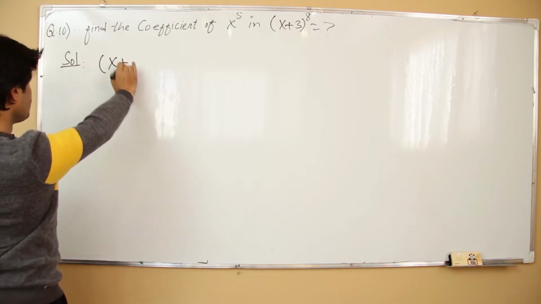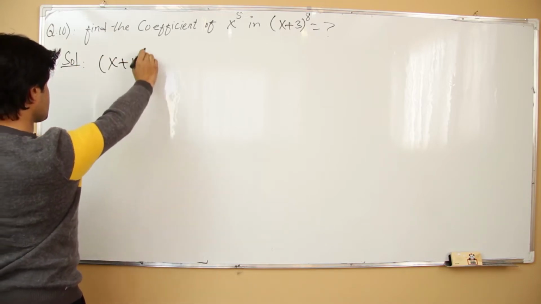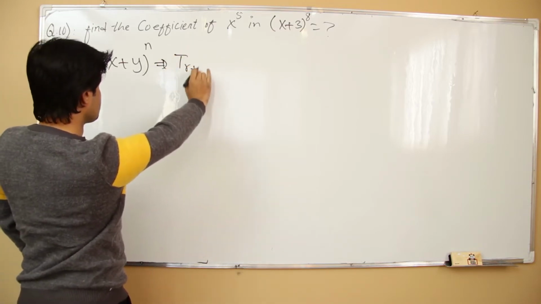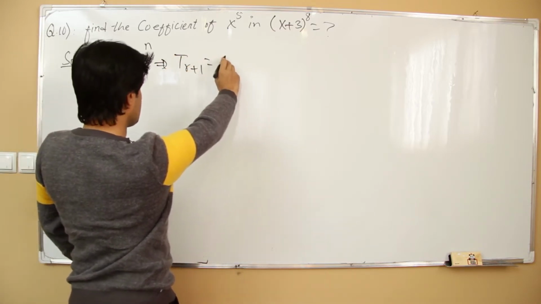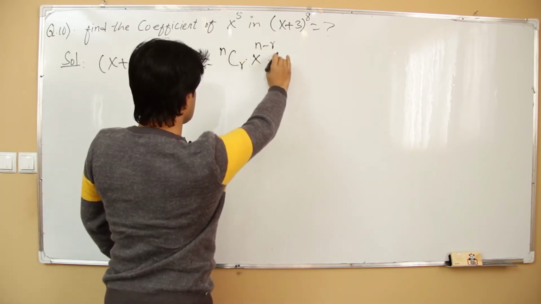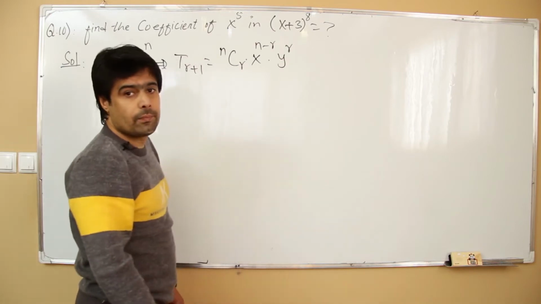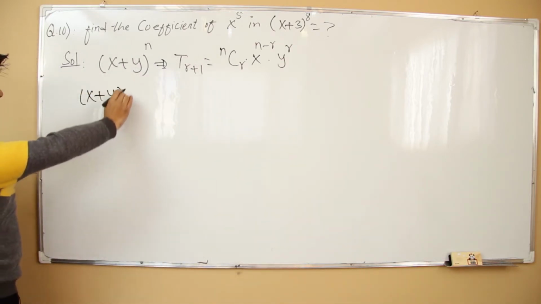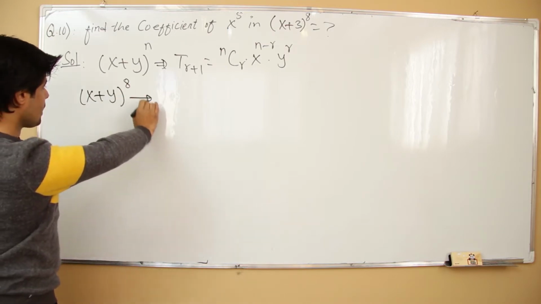In a binomial expansion like (x + y) raised to the power n, when you want a general term, it is T(r+1) = nCr x to the power n minus r, y raised to the power r. In here, your question is (x + y) raised to the power 8. Now, what do you know?